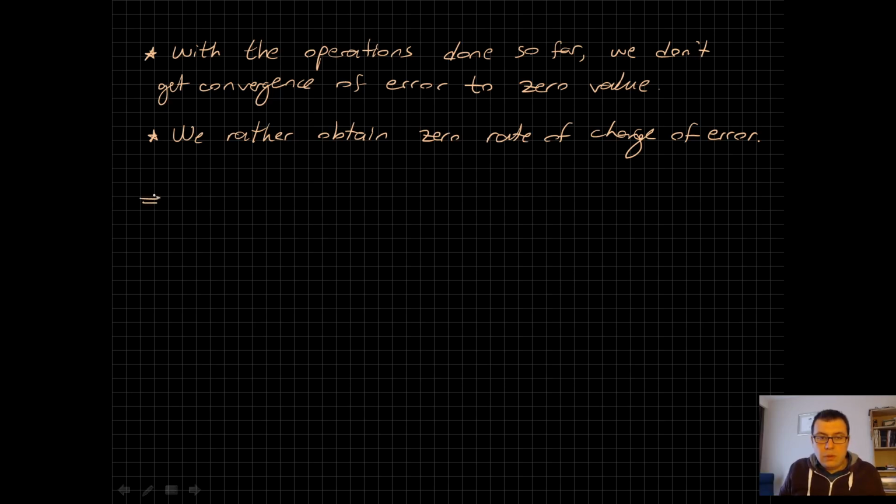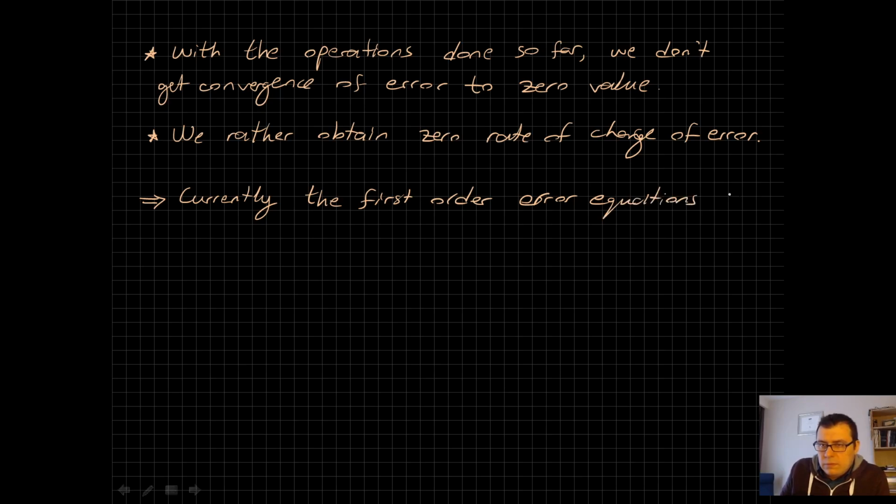So currently the first order error equations are, we have these: E dot COG is equal to Q double dot.